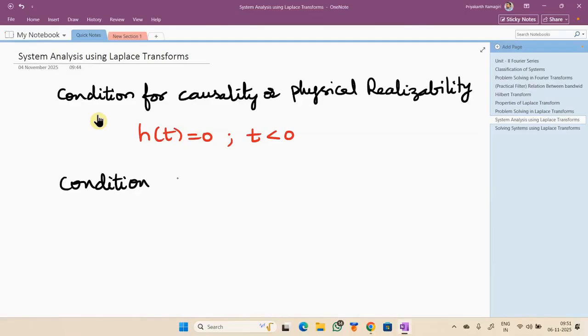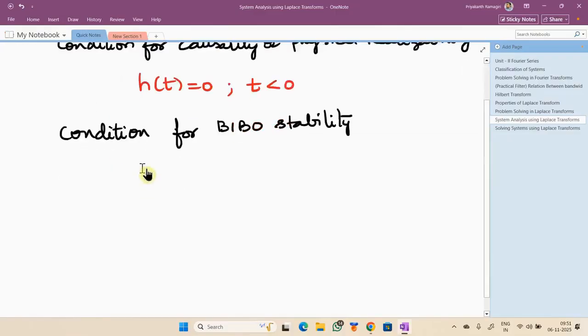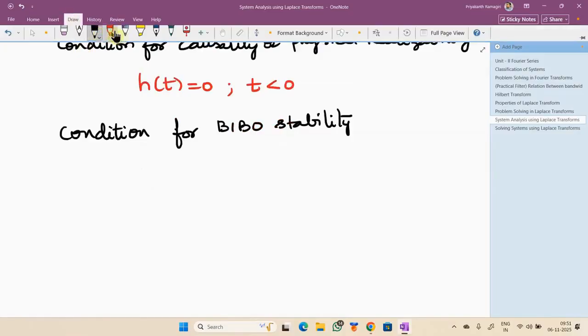I didn't explain this in the classroom. Condition for BIBO stability. Can anyone tell me what you mean by BIBO stable? Bounded input and bounded output. Correct.